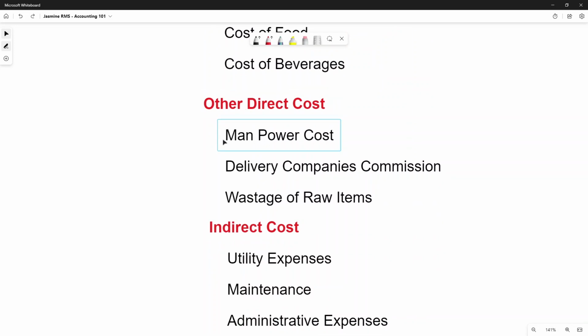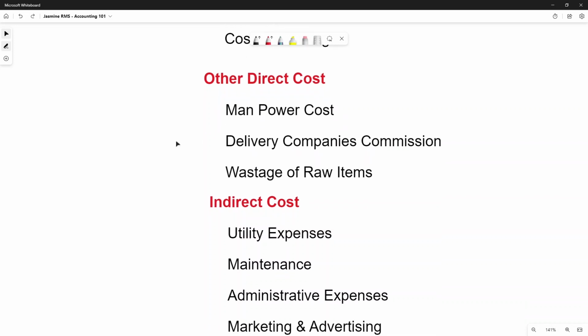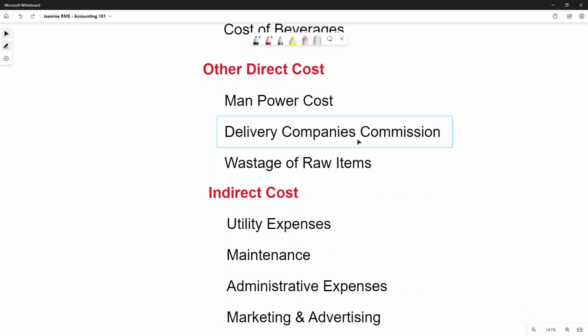So our employees, the chef, the staff working in the kitchen, the front office staff, the waiters, administrative managers, and also we have a big chunk of our revenue going to the delivery companies, the mobile apps like Talabat, Careem, Uber Eats. They take a big percentage of our sales.